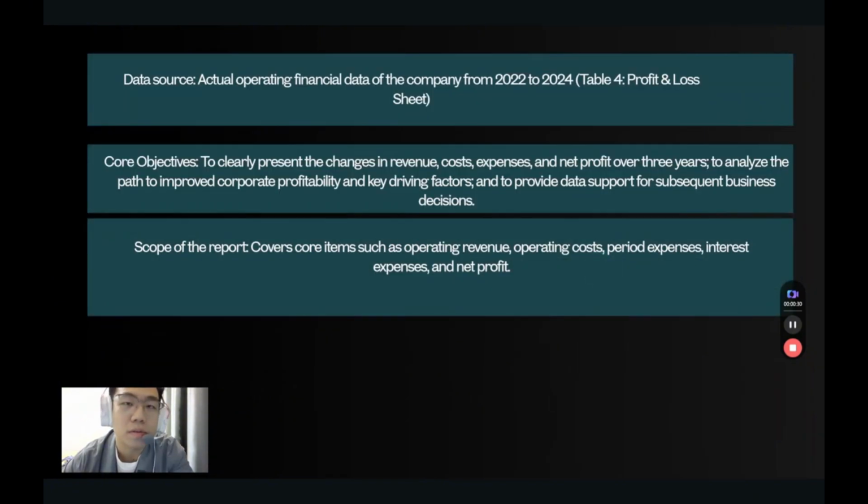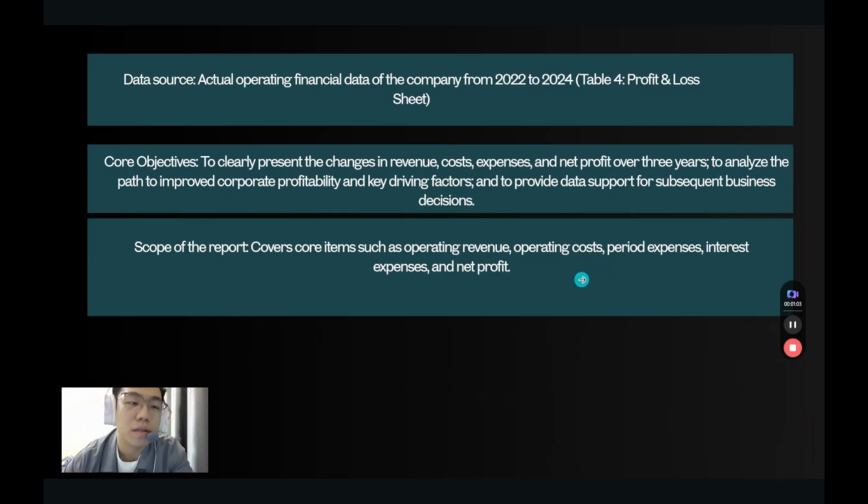So the first one, overall data resource: actual operating finance data of the company from 2022 to 2024. Second, core objectives: to clearly represent the changes in revenue, cost, expenses, and net profit over 3 years to analyze the pace to improve corporate profitability and key driving factors, and to provide data support for subsequent business decisions.